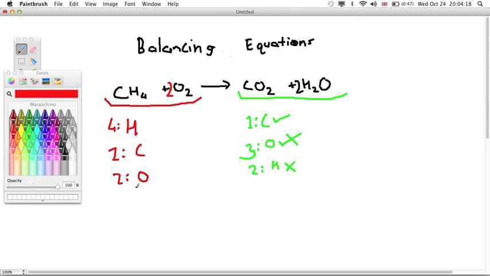This was a fairly simple one, so we should do another one right now. Let's take a bit more complicated one, like this one. This is fairly complicated.